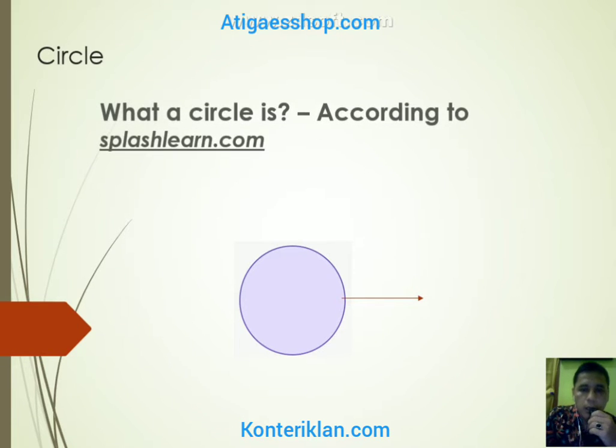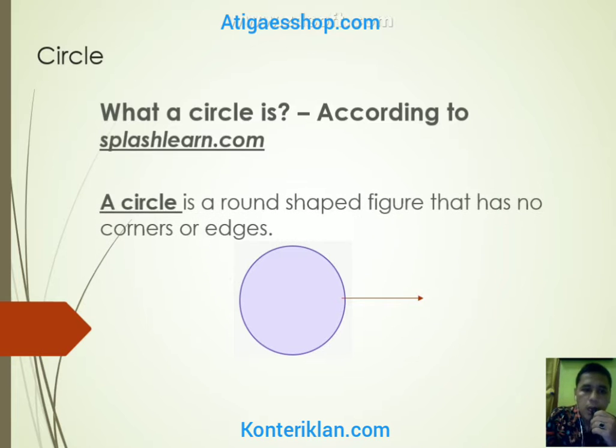A circle is a round shaped figure that has no corners or edges. Again, a circle is a round shaped figure that has no corners or edges.